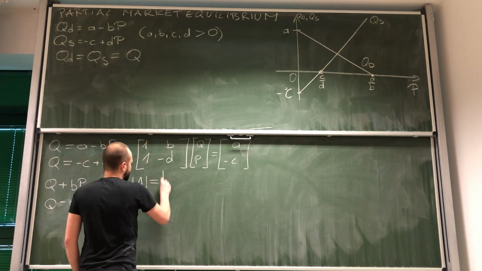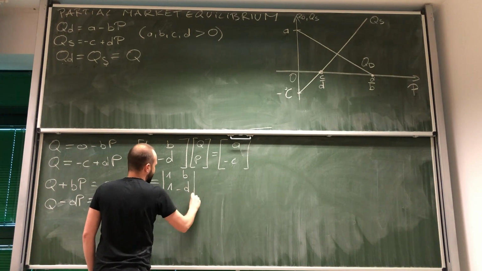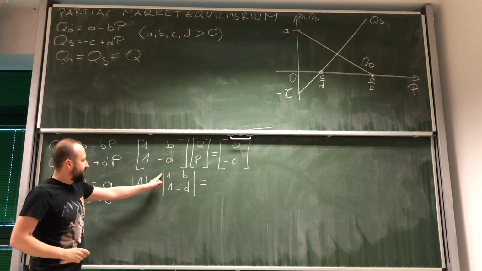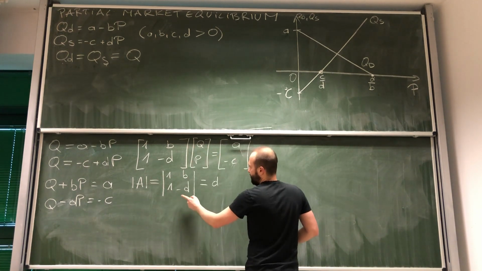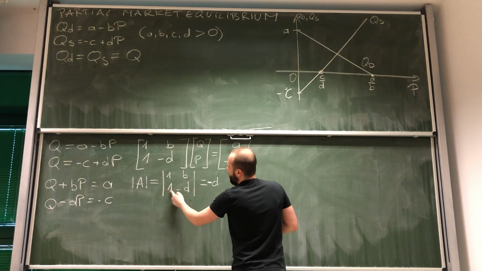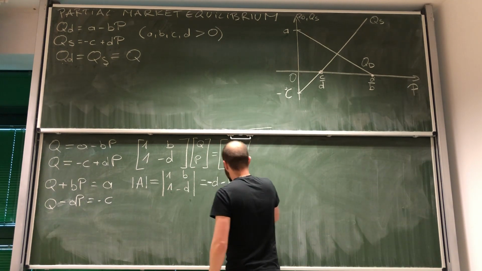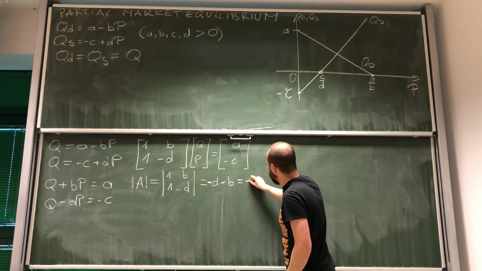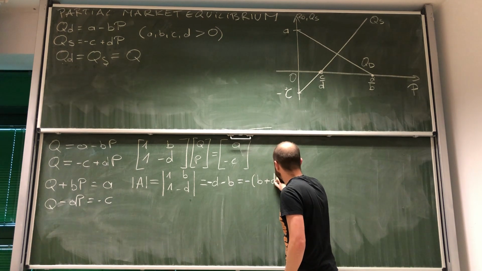Okay, so our determinant is very simple, 1, 1, B, minus D. So we've got minus D, minus B, or put it simply, if I take minus and rearrange, this is negative B plus D.